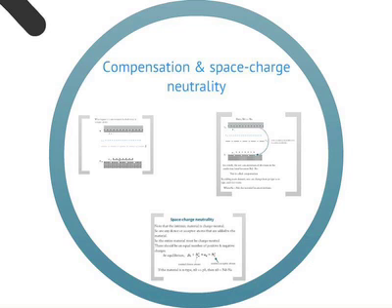They're not positive or negative, which means there are an equal number of electrons and an equal number of positive charges, because the electron is a negative charge. And that's what's referred to as space charge neutrality.